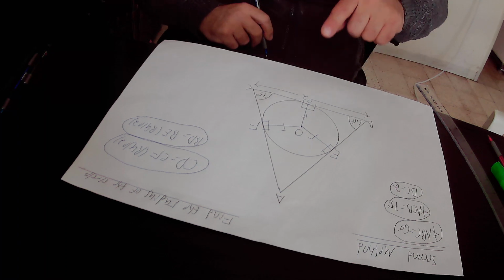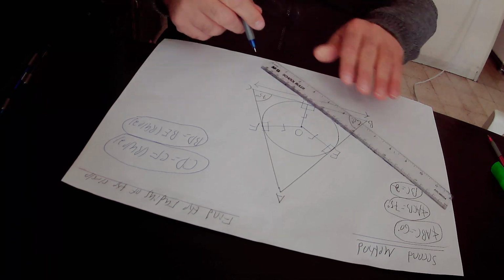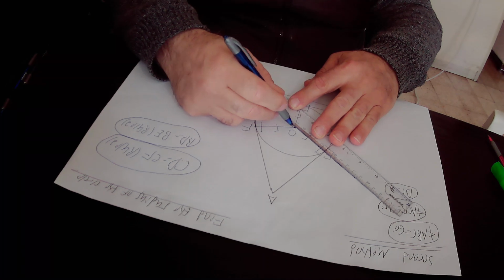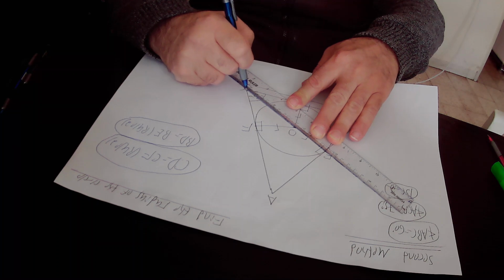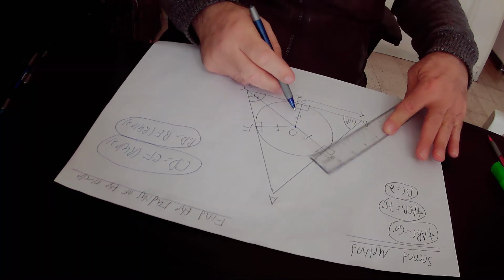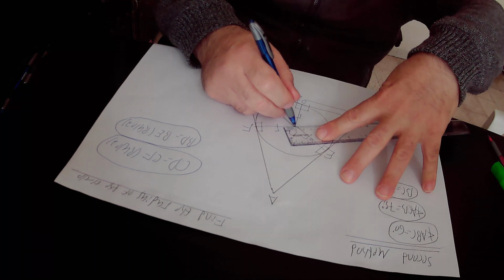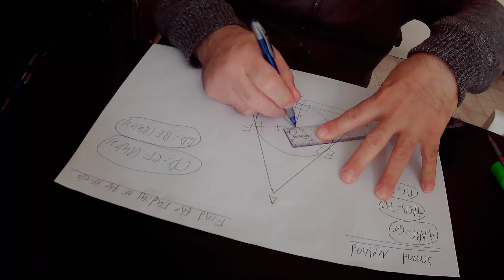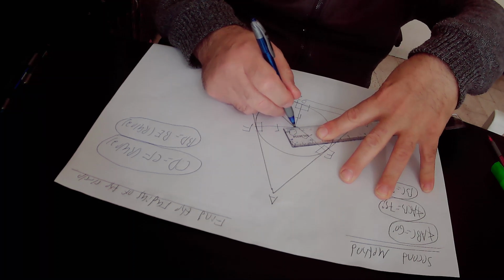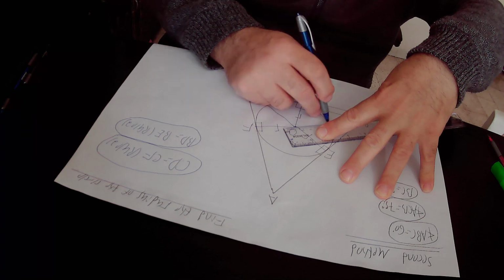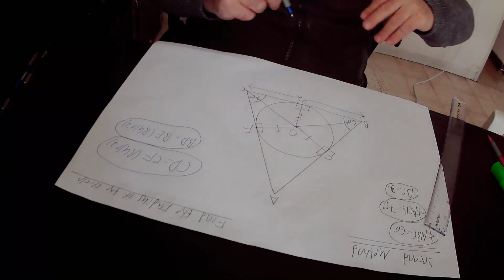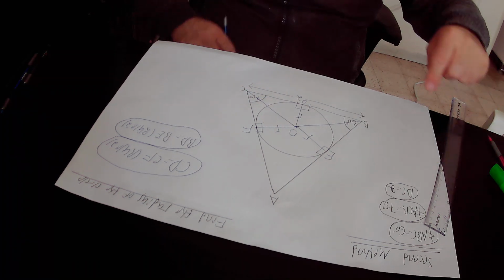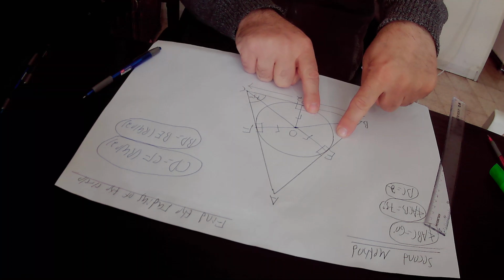In the next step, we join points O and C together by a straight line, and we join points O and B together by a straight line. And we will prove that those two right triangles are congruent to each other.